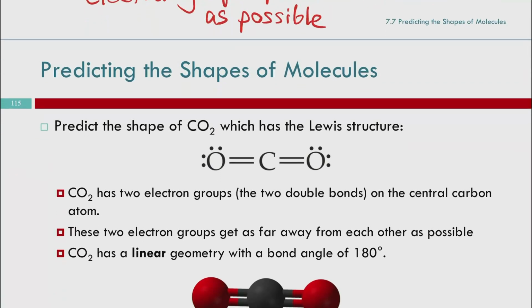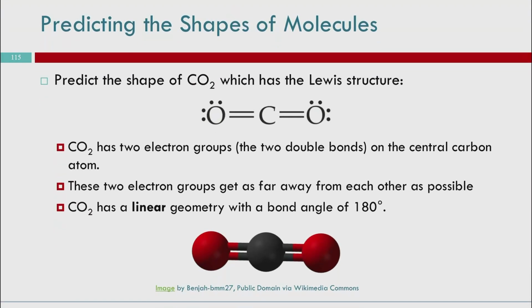So for predicting the shapes of molecules, if we look at CO2, there's our Lewis structure. To predict the shape of CO2, you would have to be able to draw the Lewis structure. If we look at CO2, the central atom is carbon. Carbon has 2 double bonds on it. 1 double bond, 1 group.